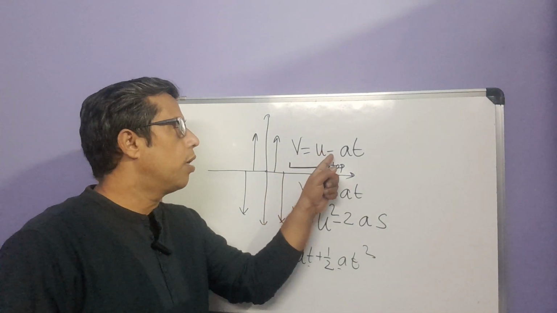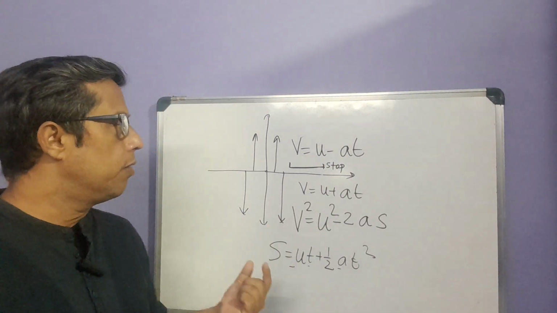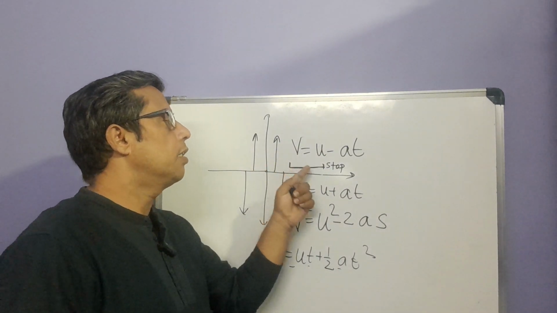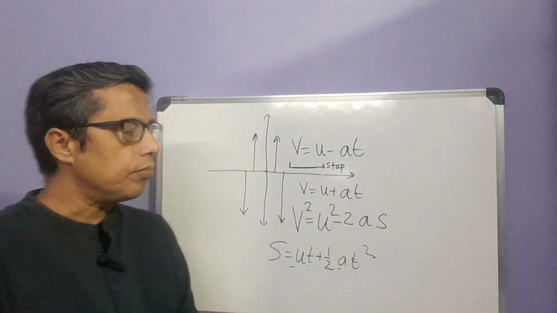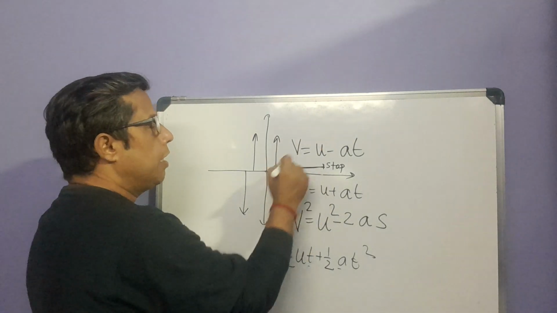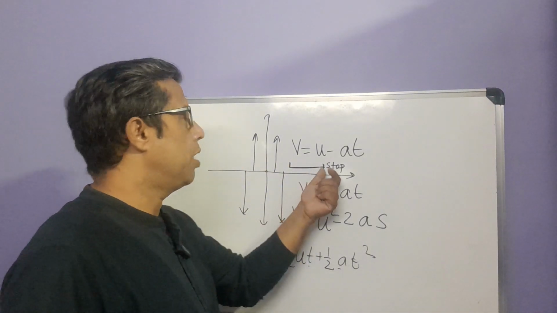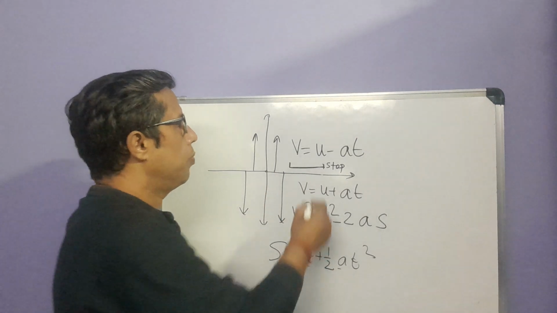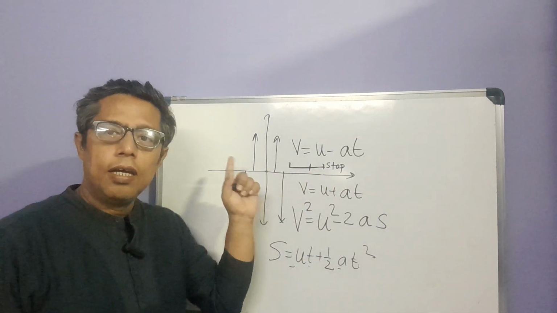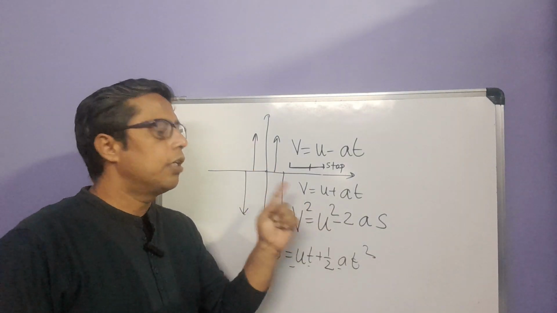That's why we are giving a minus sign here, considering the value of acceleration is positive. So this is the retardation equation. The final velocity is getting reduced compared to the initial velocity, and at one time it may stop, or before it stops, if you measure here, the final velocity will be less than the initial velocity. So this is the motion in retardation.